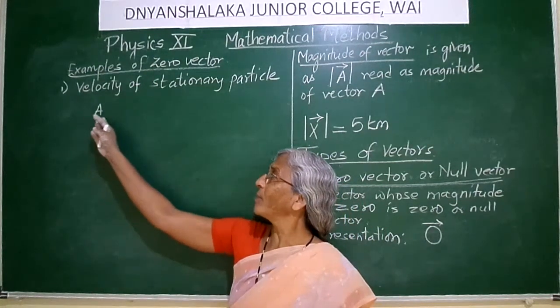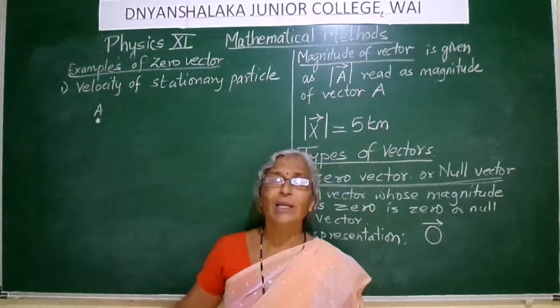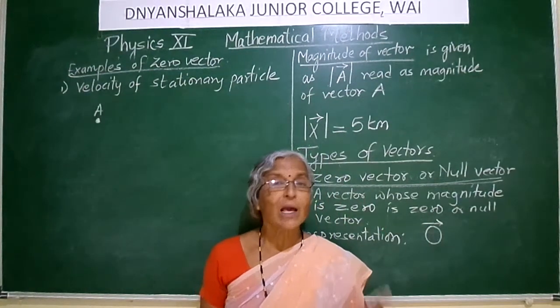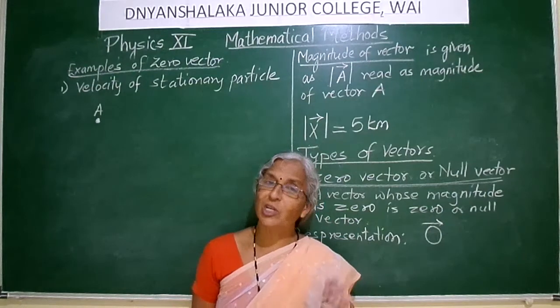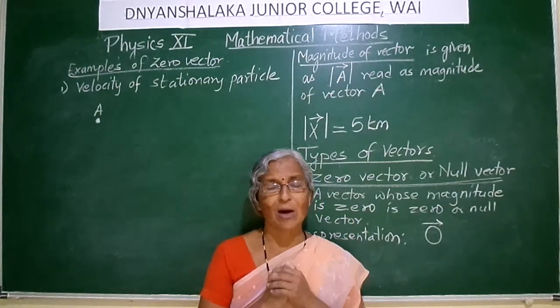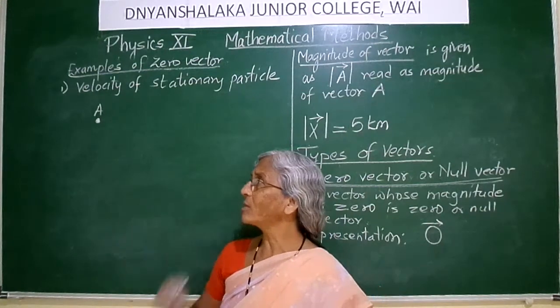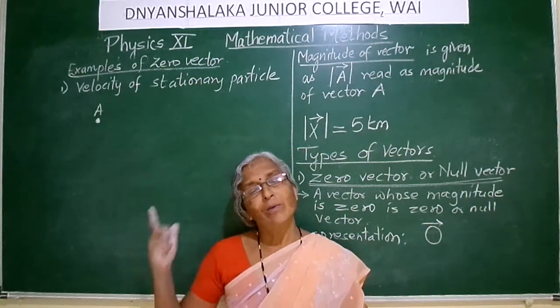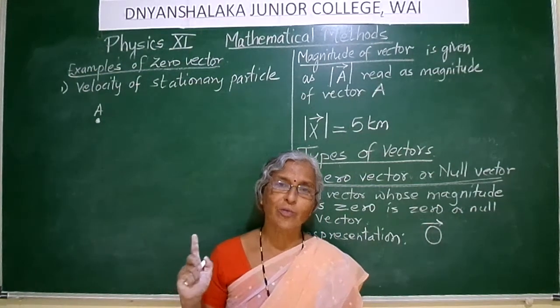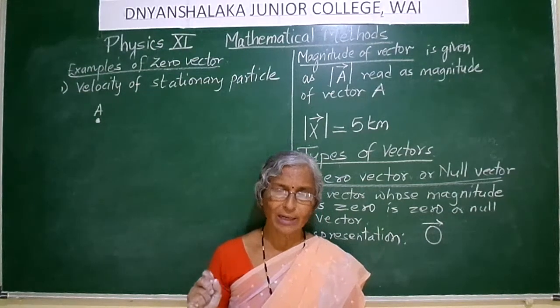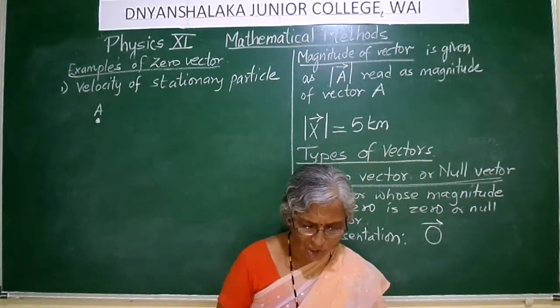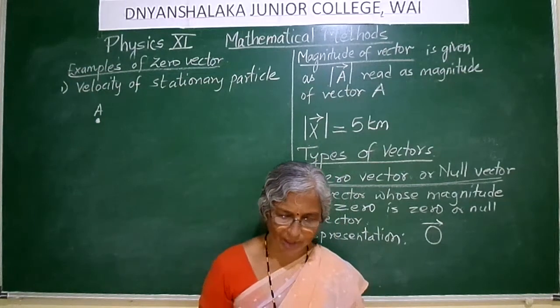The particle can be headed in any of the directions. Getting it? Now this particle which doesn't have any velocity right now, the magnitude of the velocity is how much? 0, as this is a stationary particle. This becomes a zero vector. Okay, getting it? So velocity of a stationary particle is a zero vector.